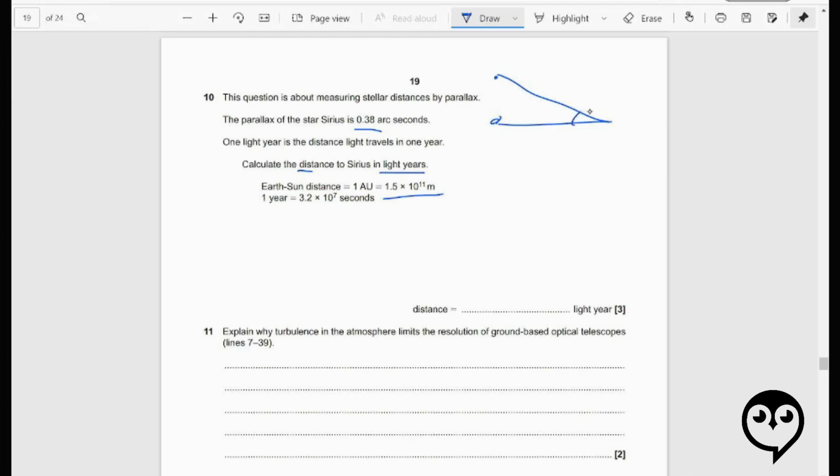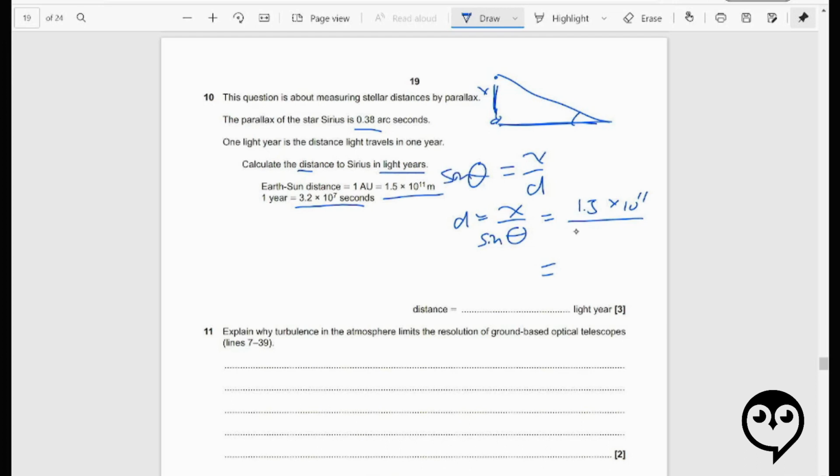Okay, if that's our arc length, and this is 1 astronomical unit, so we're looking for this. We'll say that theta in radians is going to be x over d, so d is x over theta. That's 1.5 times 10 to the 11 divided by, technically, it's a sine theta, isn't it?